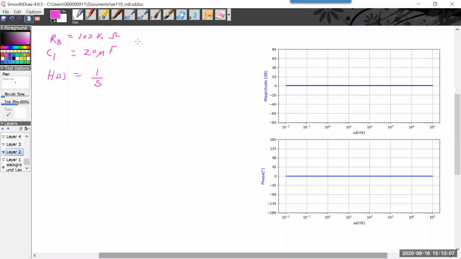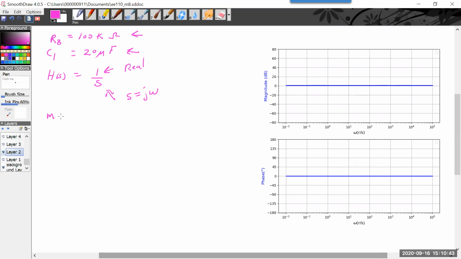So if we substitute some values into that transfer equation, we get 1 over s. All right. And there's no simplification on this, right? It's real all the time. And s equals j omega all the time. So there isn't going to be any bends in this circuit because these relationships will always hold.